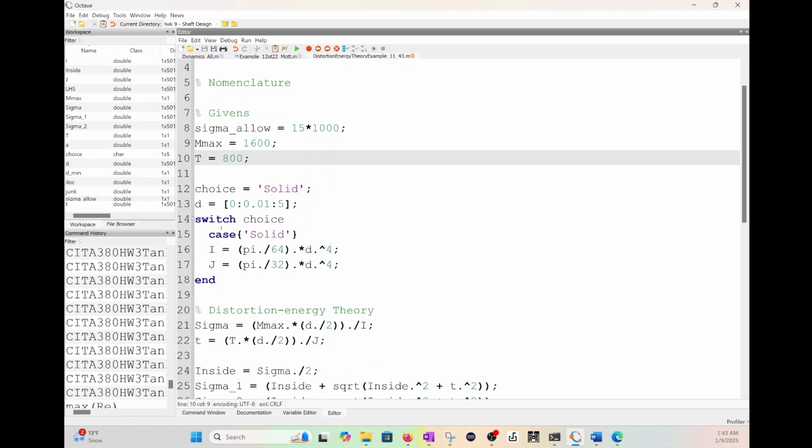And then I did a switch case just to show you, okay, we're using solid, so that's I, and that's J. And what I'm doing is I'm initially going to guess a diameter from 0 to 5, and I'm going to calculate everything. So I'm going to calculate all of the sigma values, all the sigma 1, sigma 2, all the tau, and then I'm going to compare it to the sigma allow.